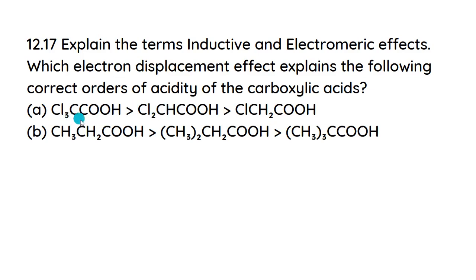In the presence of 3 chlorine atoms, it is easier for it to lose the hydrogen. And even if it does, the negative charge on the oxygen will get stabilized by an electron withdrawing group. So that's why the acidity will decrease as the number of Cl groups decreases.